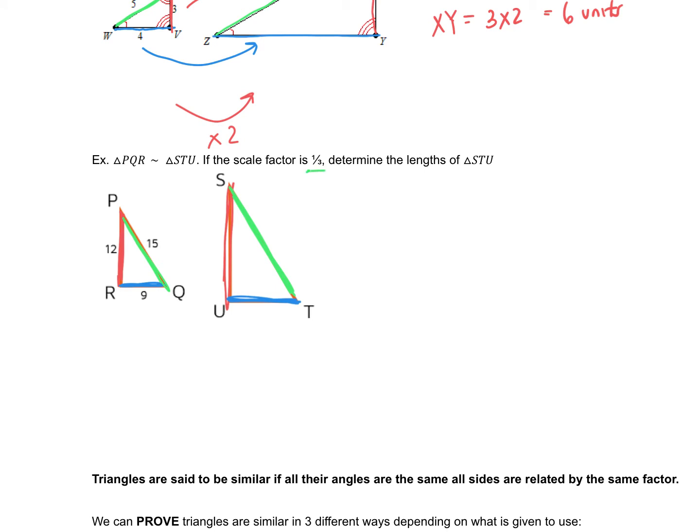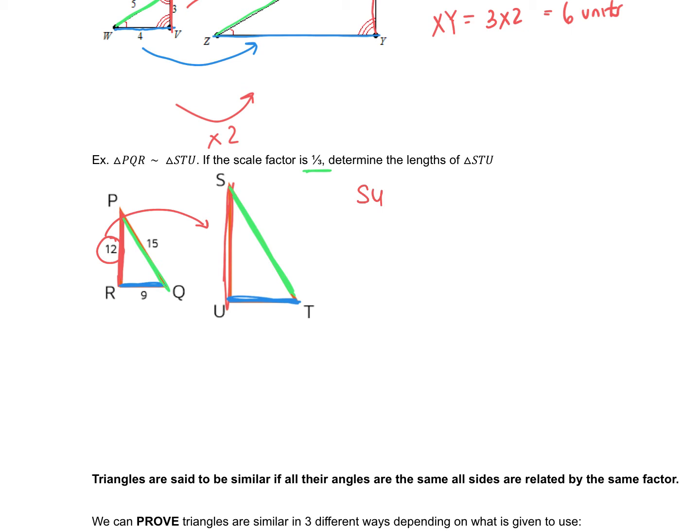Now I'm told that my scale factor is a third. I have to decide if I should multiply by a third or divide by a third to get a bigger side length. So for something like this, you might have to do a little bit of trial and error, especially when a fraction is involved for the scale factor. So let's say I'm trying to get SU. So the 12, something has to happen to it. I haven't decided what.